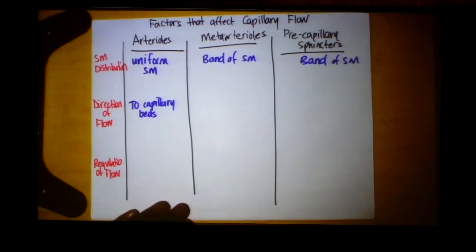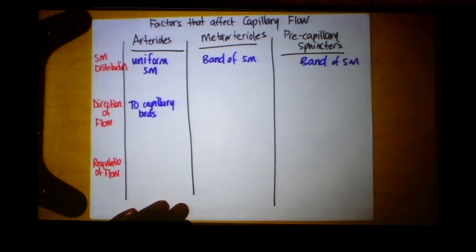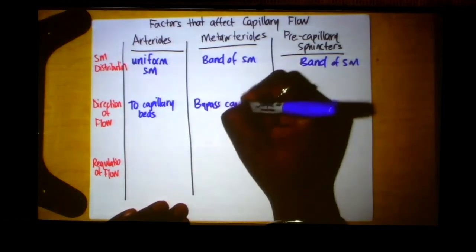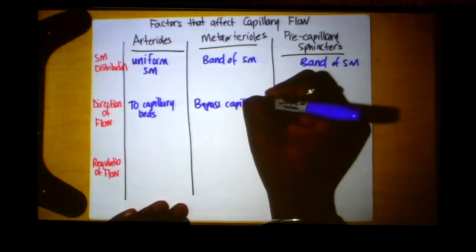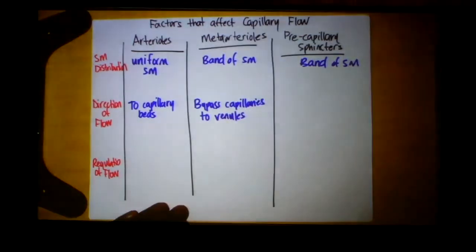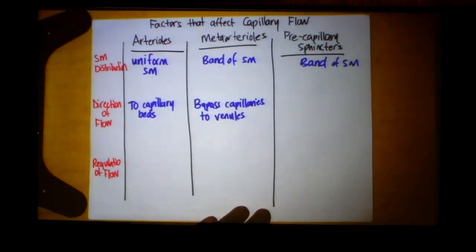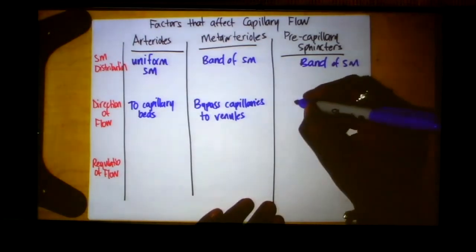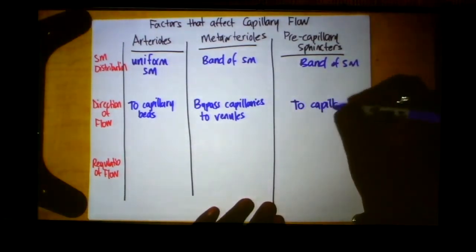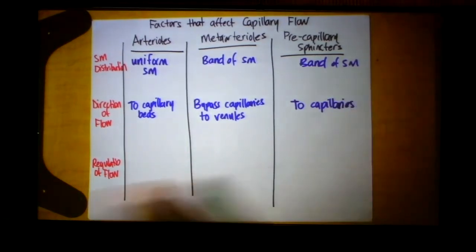Meta-arterioles flow to where? See if you can remember. To venules, right? So they bypass capillaries to venules. And then precapillary sphincters control flow to capillaries as well.